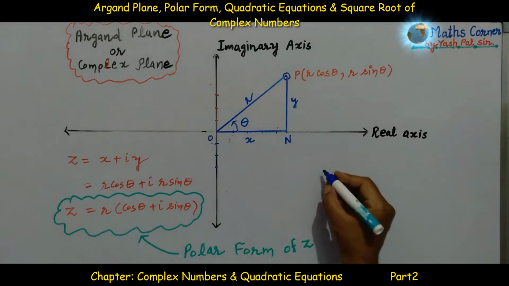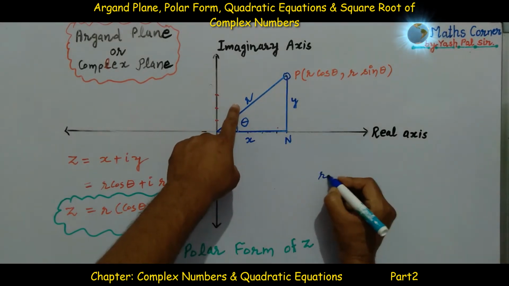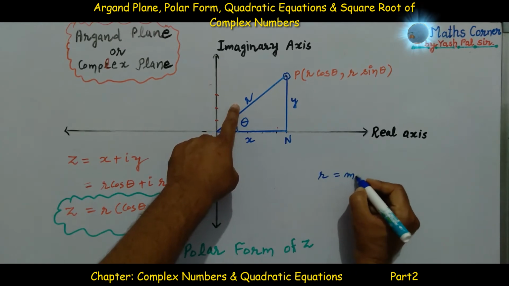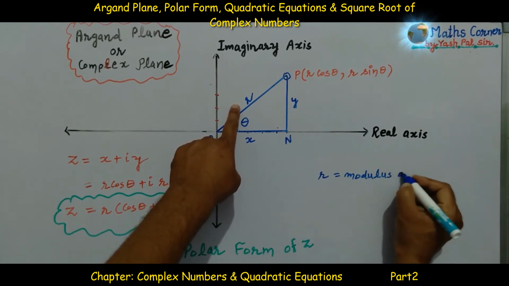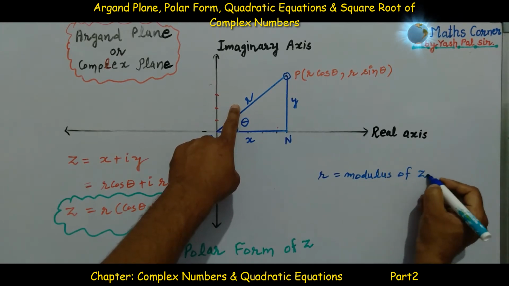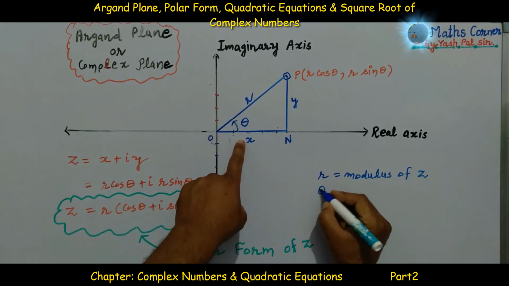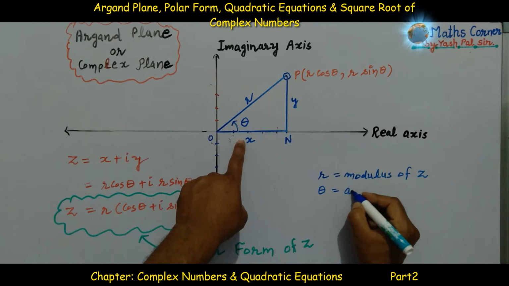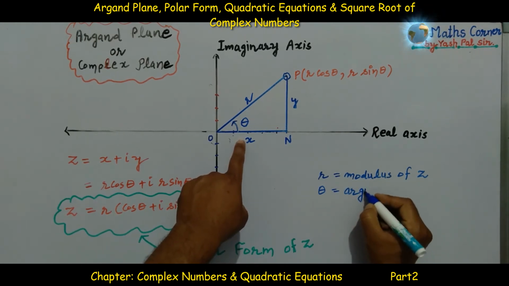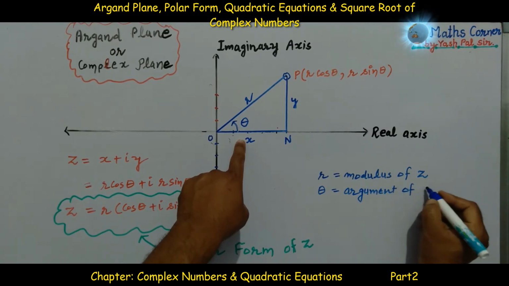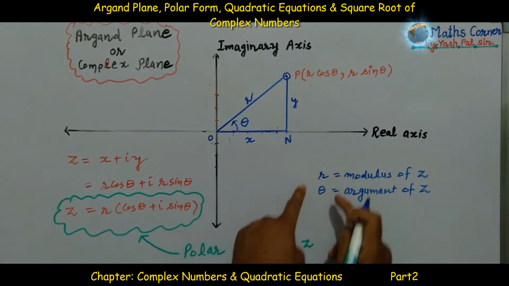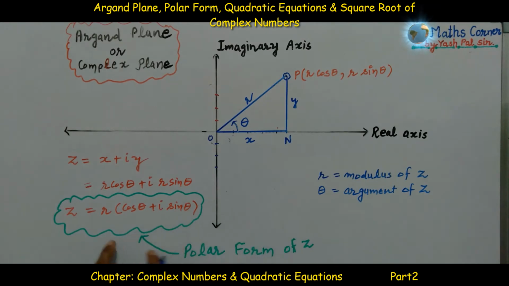Here a very important thing: r is called modulus of the complex number z, and this theta is called argument of z. So these two new terms are there in the polar form representation of the given complex number.